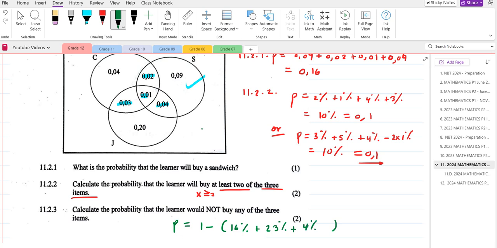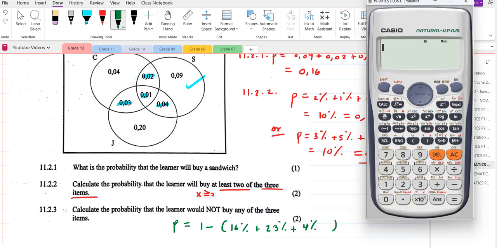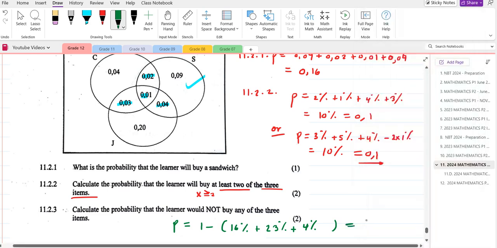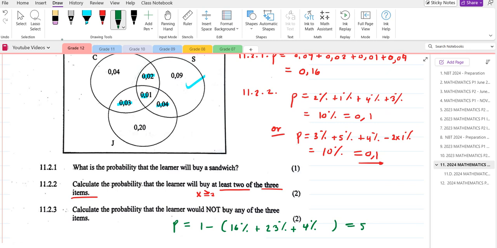So we got 16 plus 23 plus 4, 1 minus, right? I've got 43%, and 1 minus 0.43 is 0.57. So the answer is 0.57.